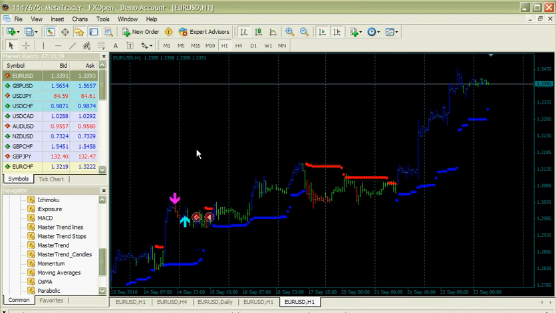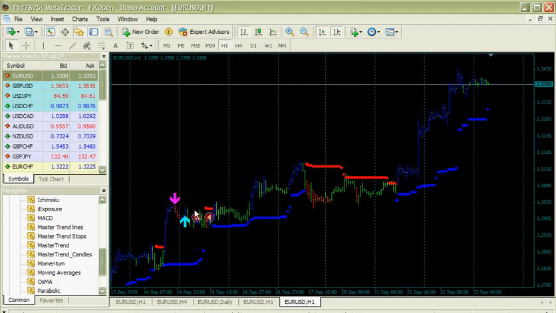As you will learn in your user manual, when you're using the Master Trend basic, there are two main conditions that you want to meet in order to enter a trade. The first condition: you're going to have to see an arrow, whether it's a red arrow for a sell or a blue arrow for a buy.